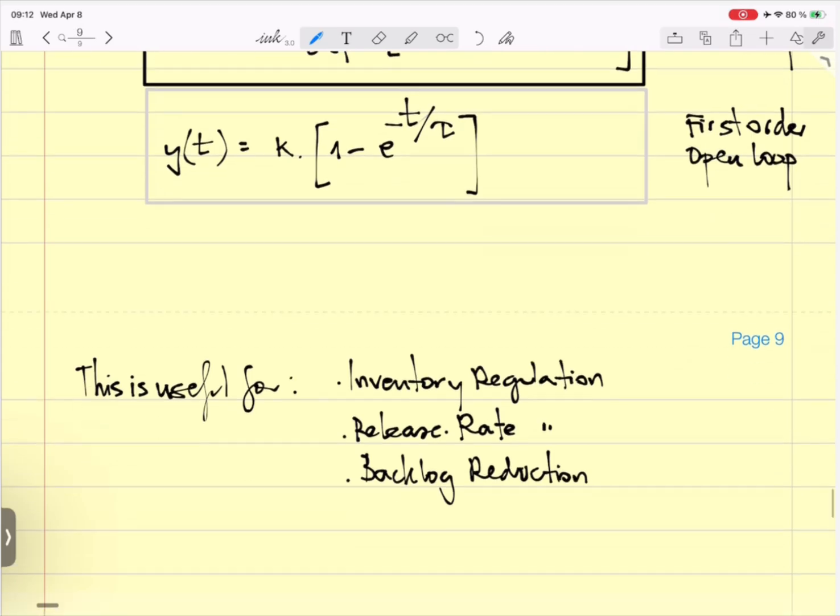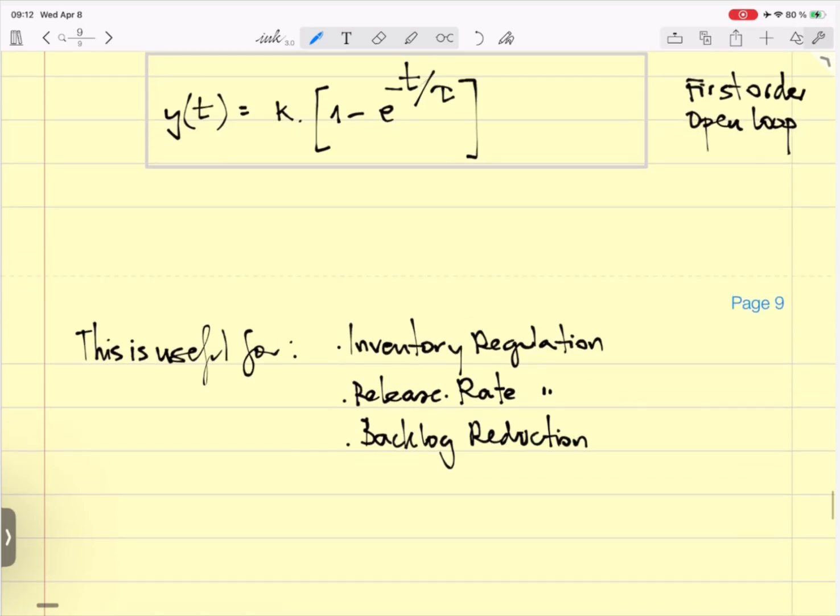This is useful for conveyor control. This is useful for warehouse climate control.